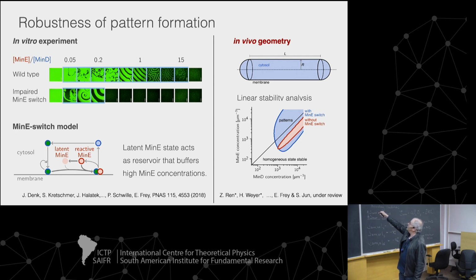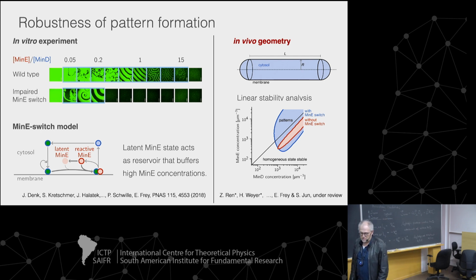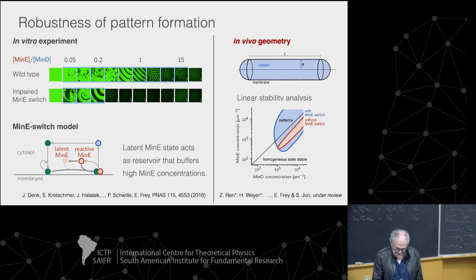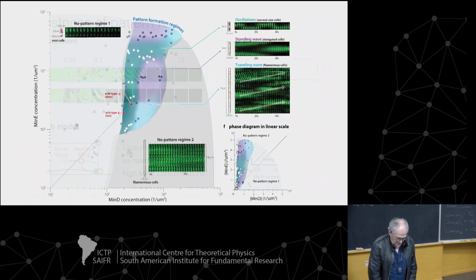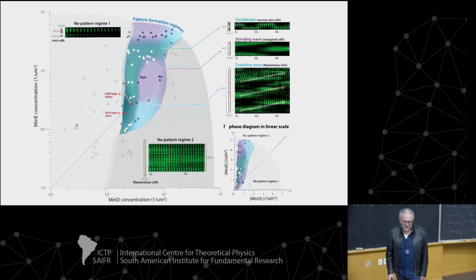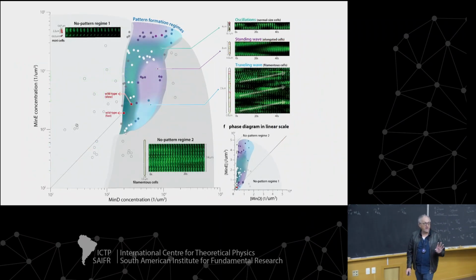Without the switch, there's only this narrow regime where you have pattern formation. With the switch, you get a very broad regime where you do have pattern formation. So here's now the experimental story. And those are figures that have been replaced by now by new figures.